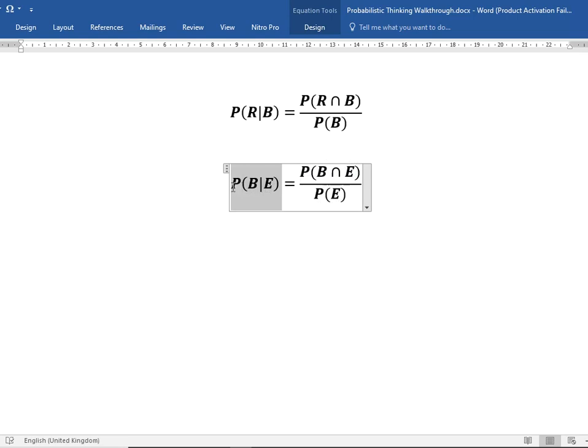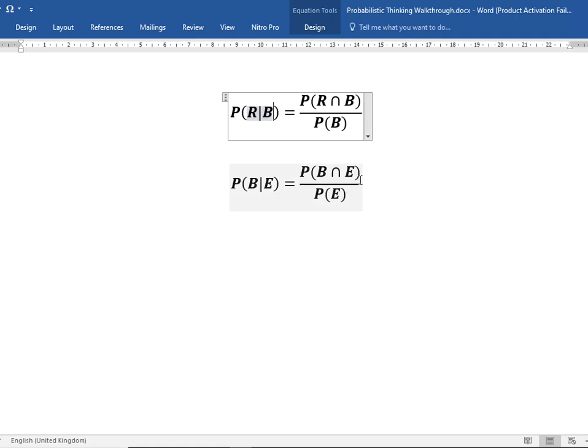And remember that we're trying to get this reverse conditional probability from the other conditional probability, E given B. So if I've gotten maybe this particular conditional probability earlier, P of R given B, I can reverse the whole thing to get probability of B given R by using the value I got here.